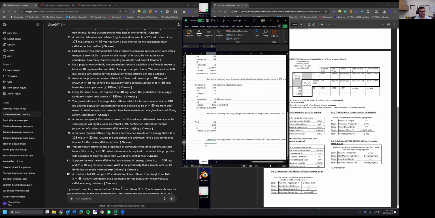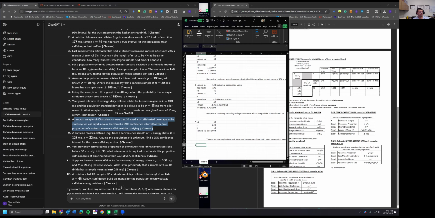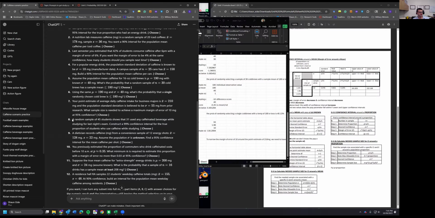Going on to number eight. So number eight. A random sample of 45 students shows that 31 used any caffeinated beverages while studying for last night's exam. Construct a 99% confidence interval for the true proportion of students who use caffeine while studying. So looking at this, once again, the keywords that we are looking for: a random sample of 45 students that show that 31 use.